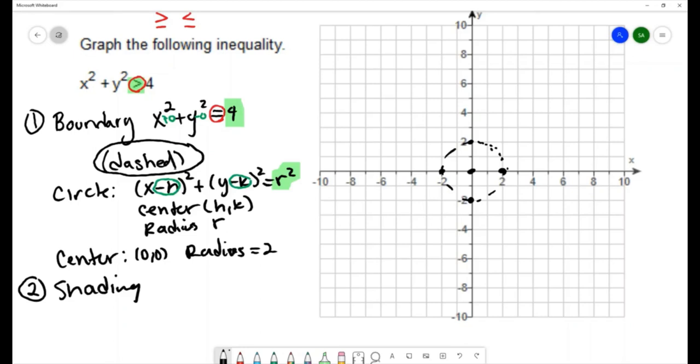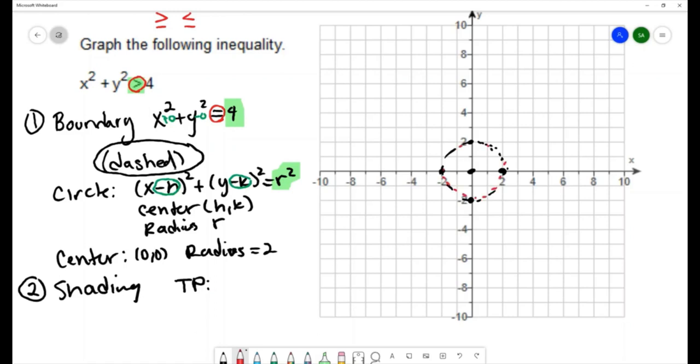So I'm going to choose a test point and figure out which is the true region and which is the false region. There's only one rule with choosing your test point. You can't choose any point that is on the line or curve. So I can't choose any points that are along the outside of this curve.